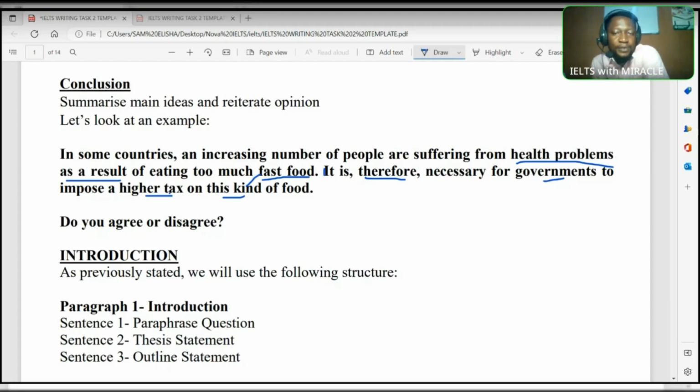Another way I said you could generate ideas is to personalize it. So the question now is, for instance, what will happen if government imposes higher rates or higher tax on maybe Indomie? Of course, Indomie is a fast food. So what will happen?